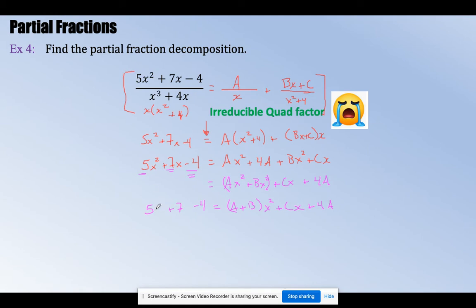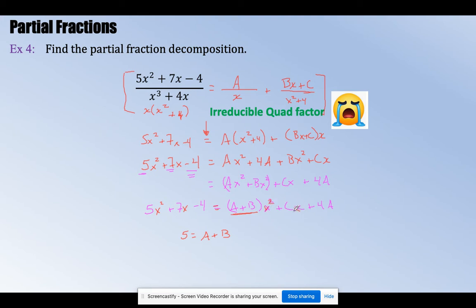The coefficient of x squared on the left is 5. To be equal, the coefficient in front of x squared must be 5. So what does that say? The coefficient in front of x to the first must be 7. On the left, what does that say about what's on the right?